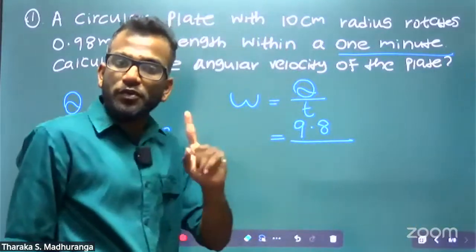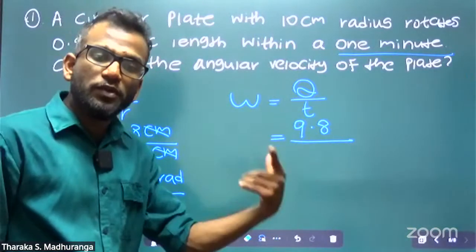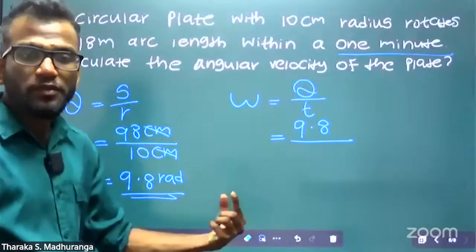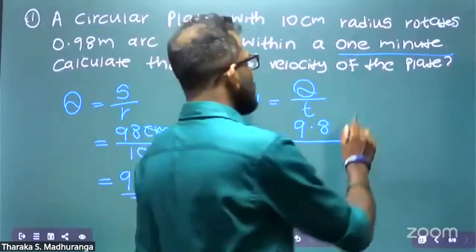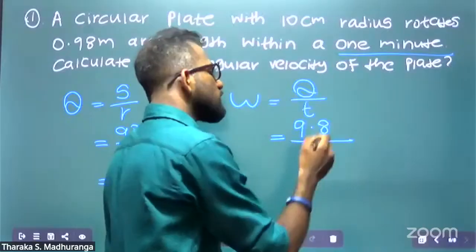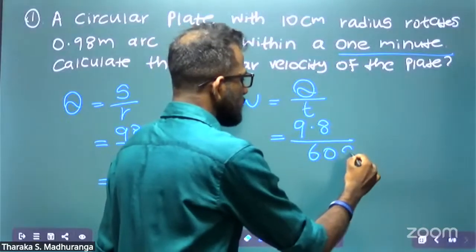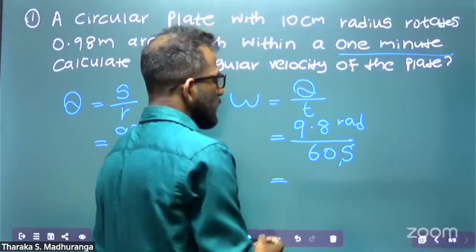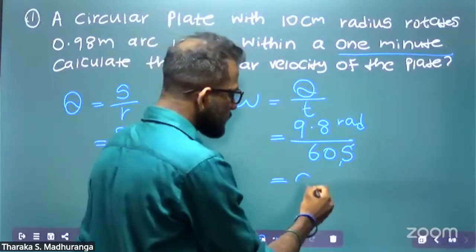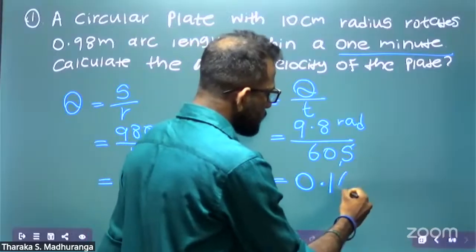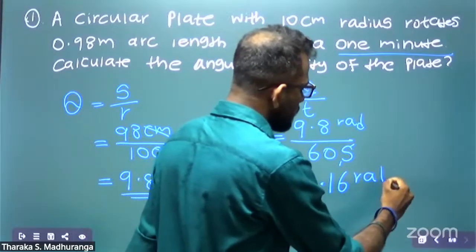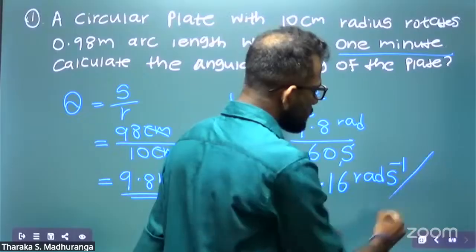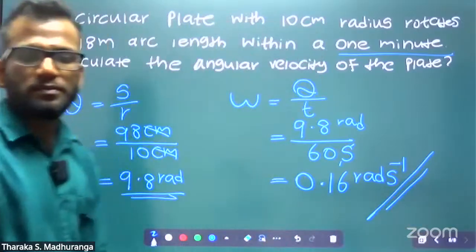You need to substitute in standard units always. Then 1 minute means how many seconds? 60 seconds. Then it is coming 0.16 rad per second, rad s minus 1.